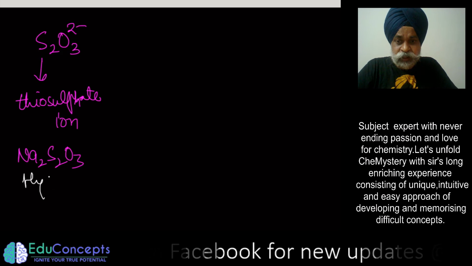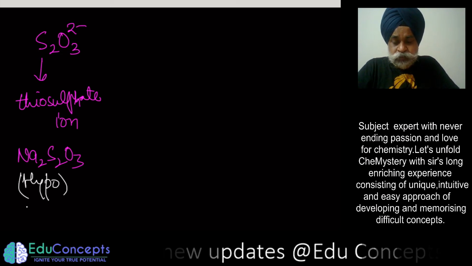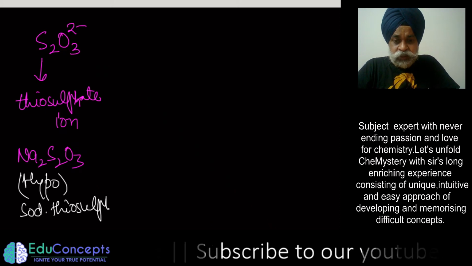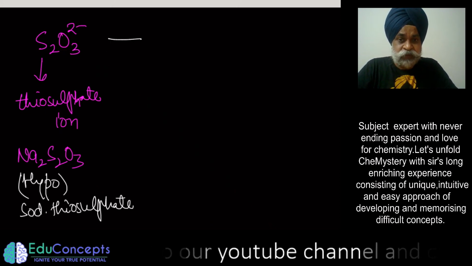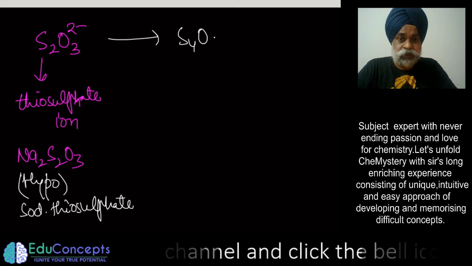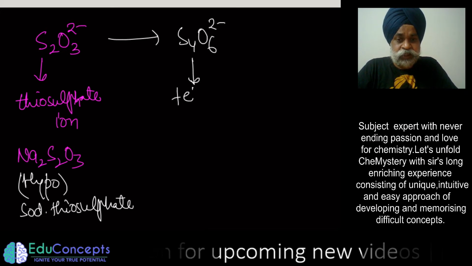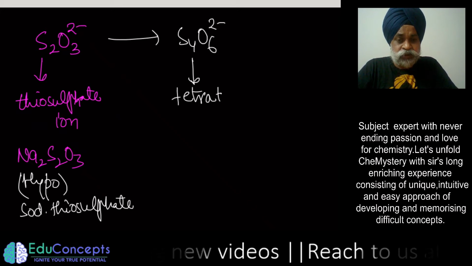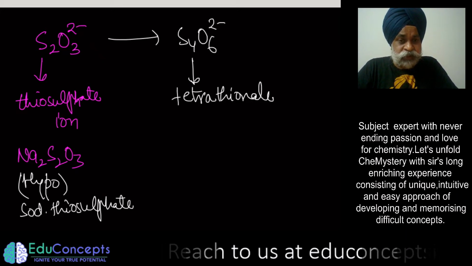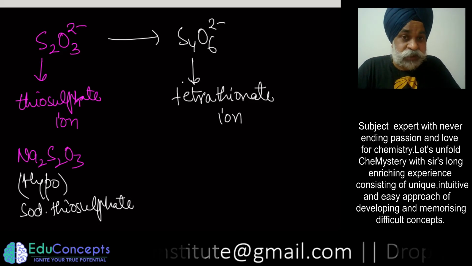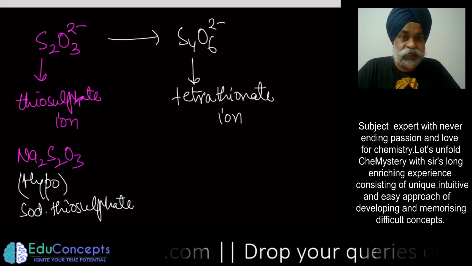This is called hypo, or you popularly say sodium thiosulfate. So sodium thiosulfate, if during the reaction it goes to this compound, this is called the tetrathionate ion. The details of this particular species are given in the video on oxidation state, so you could refer to that one.